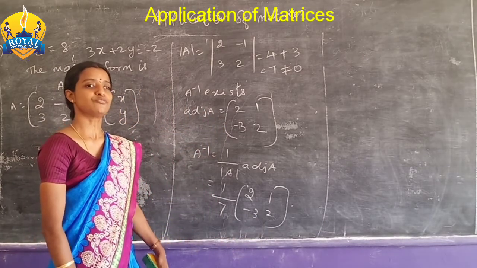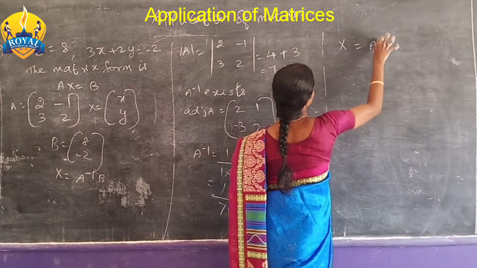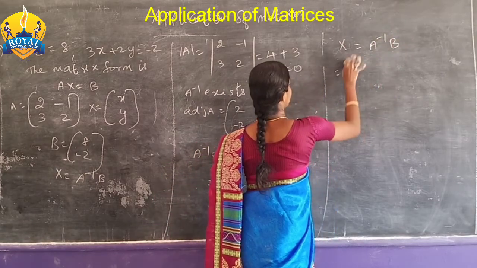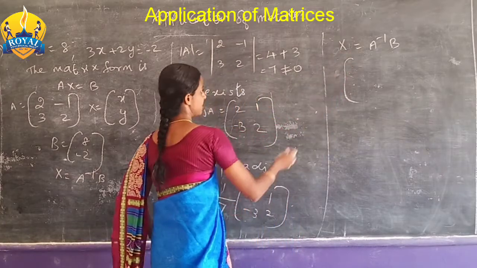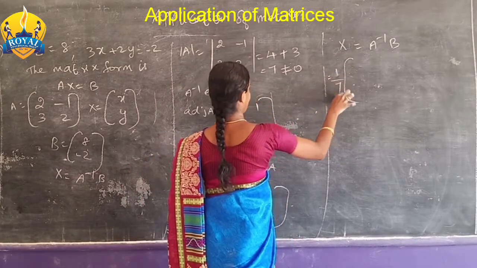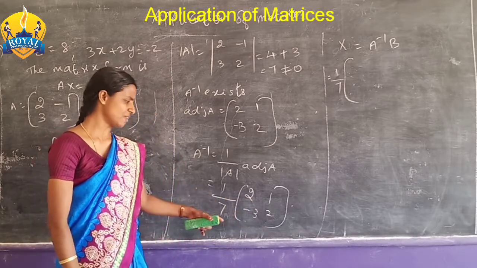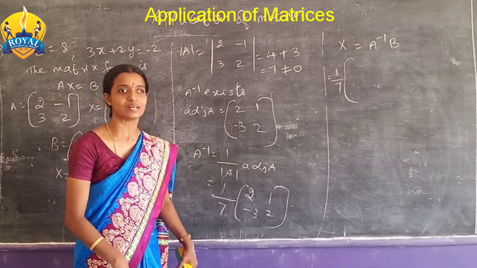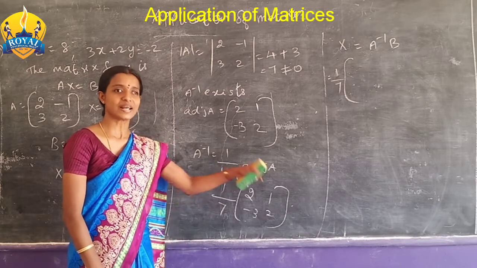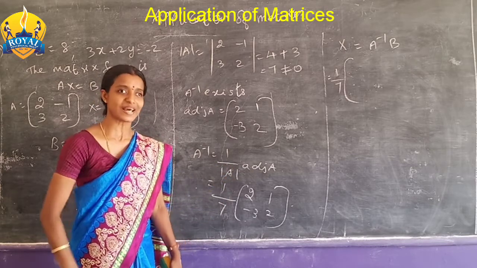So now shall I proceed for finding x? Fine. So x is equal to A inverse B. My A inverse is 1 by 7 times the adjoint. Now only in the final step, the last step, we will take this 7. In the previous problem, since I had only minus 1, I took minus 1 directly inside, which is easy for me to multiply with the matrix B and get the solution directly.